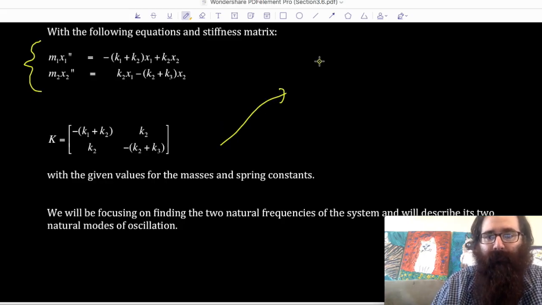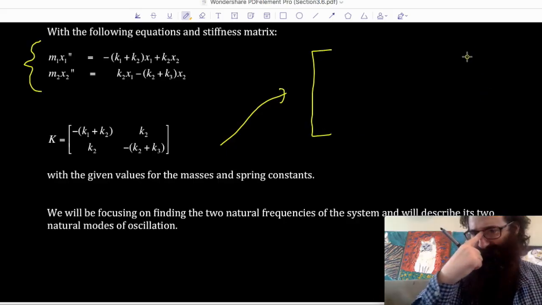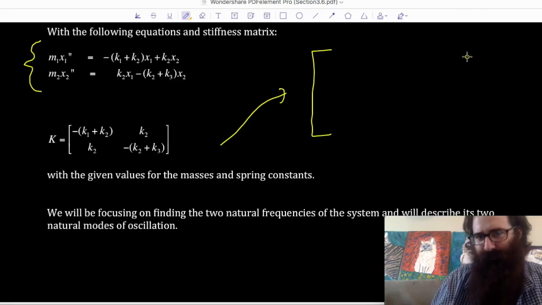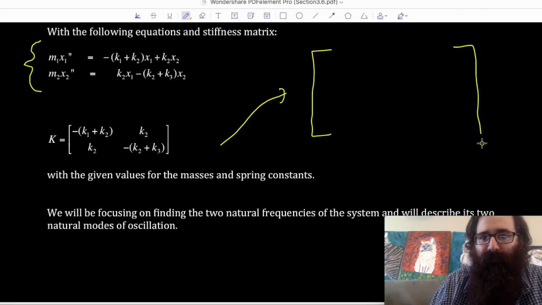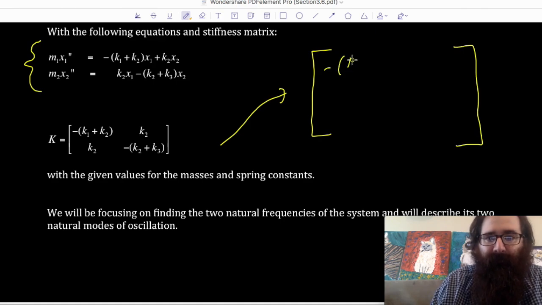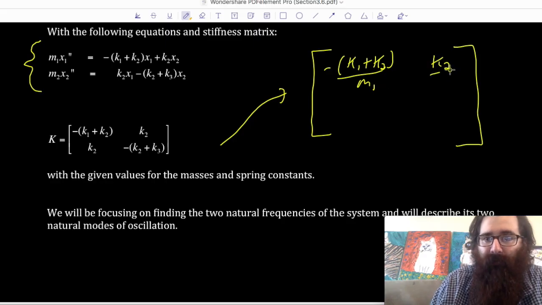So if I wanted to be a bit of a stickler here about this, I would say, well, sort of push up my glasses, really what we should have is negative (k1 plus k2) divided by m1, and then k2 divided by m1, so dividing this first row by m1, and then the second row we're going to divide by m2, so k2 divided by m2, and then negative quantity k2 plus k3 divided by m2.